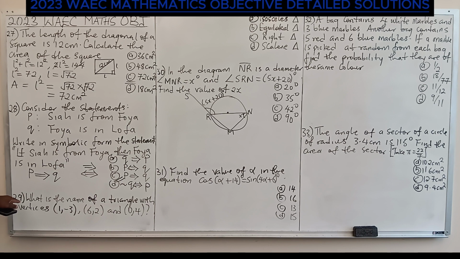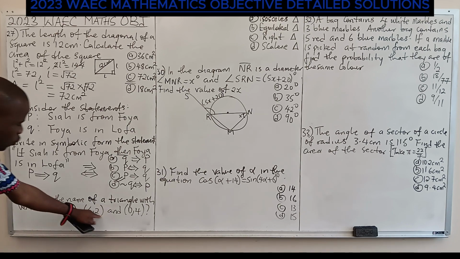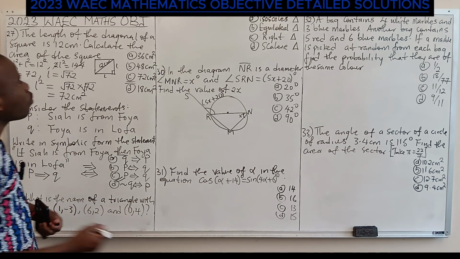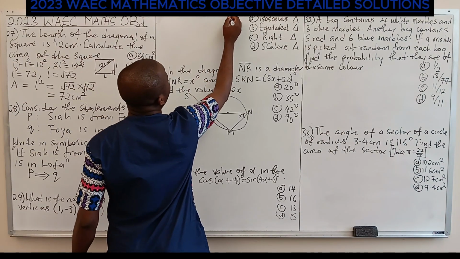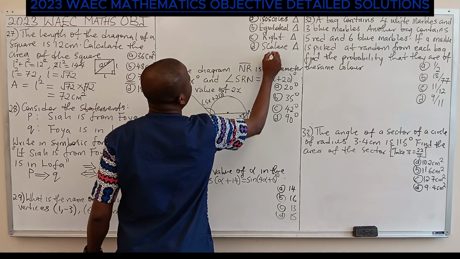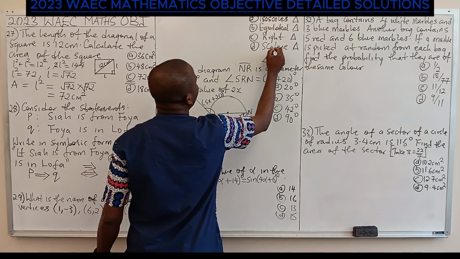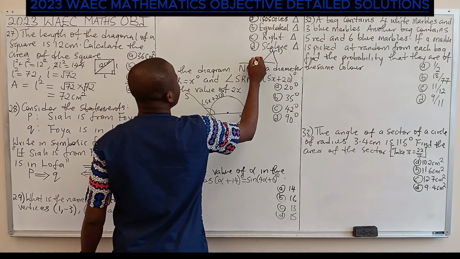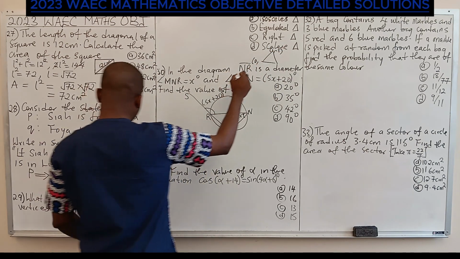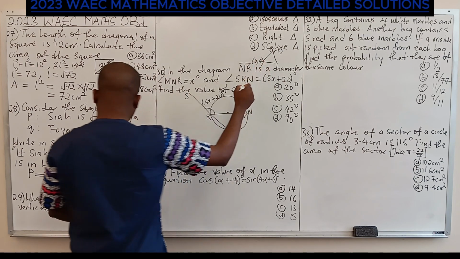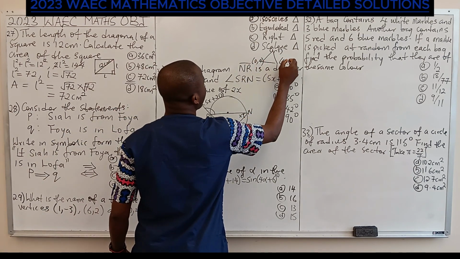Question 29 says, what is the name of a triangle with vertices 1, minus 3, 6, 2, and 0, 4? So if we draw the triangle as this, this is 1, minus 3, this is 0, 4, and this is 6, 2.